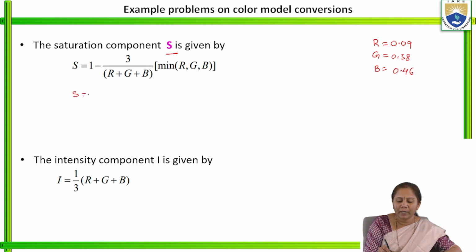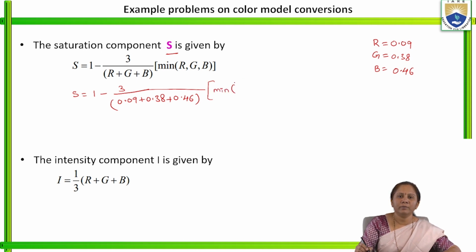The formula for S is 1 minus 3 by R plus G plus B, times the minimum value of RGB. Among these three values, the minimum value is 0.09.